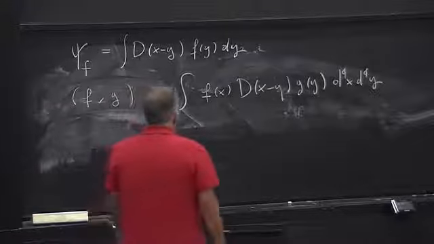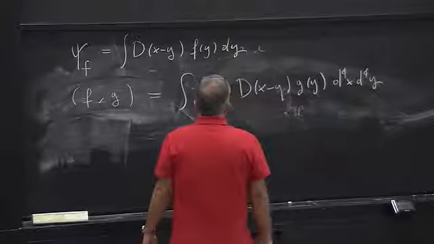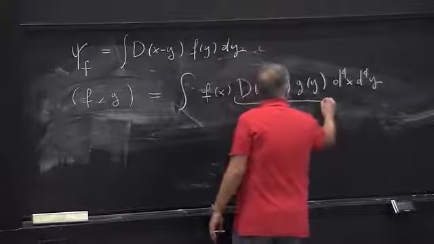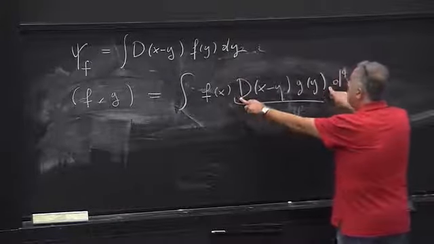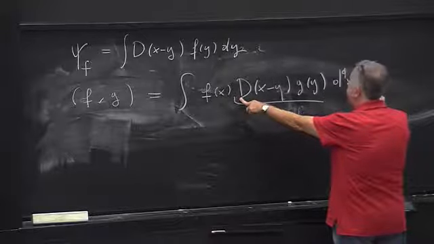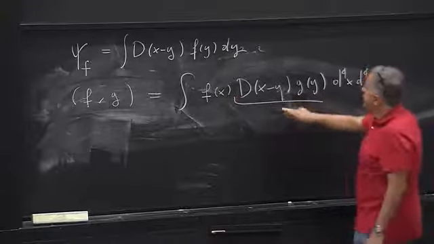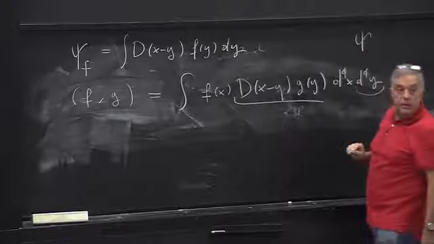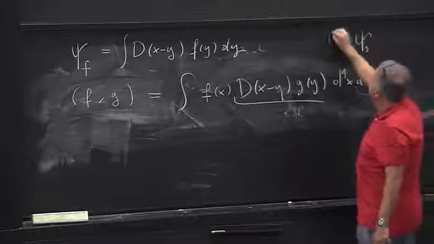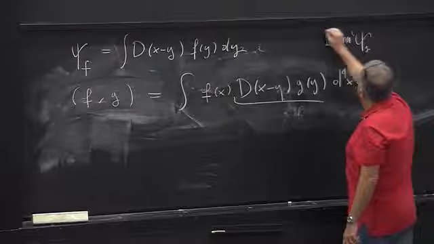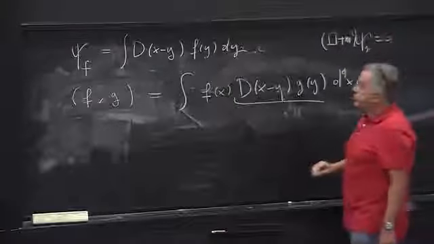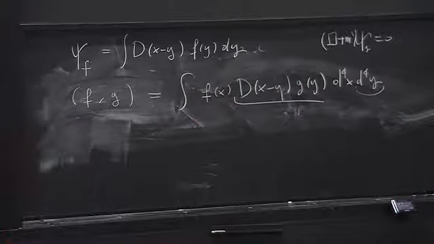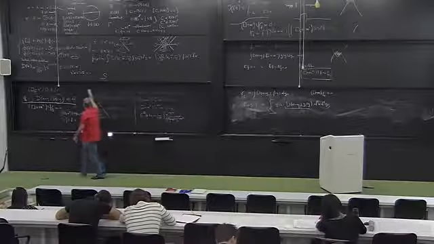Let's see how to compute this thing. If we make this integral, we know that this object integrated by this, I can call it psi g, let's say, and this is a solution of the Klein-Gordon equation. So this integral equals, let's do it on this other blackboard.